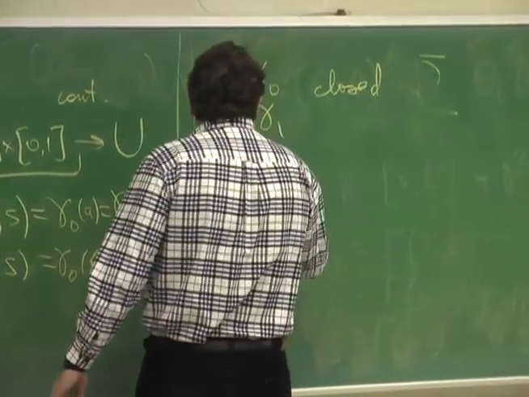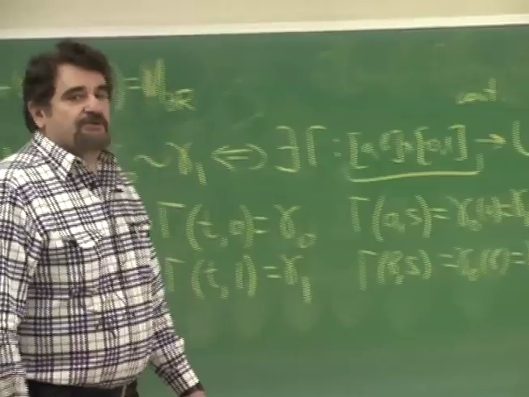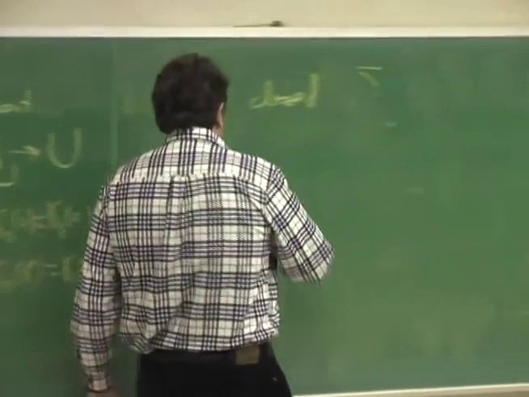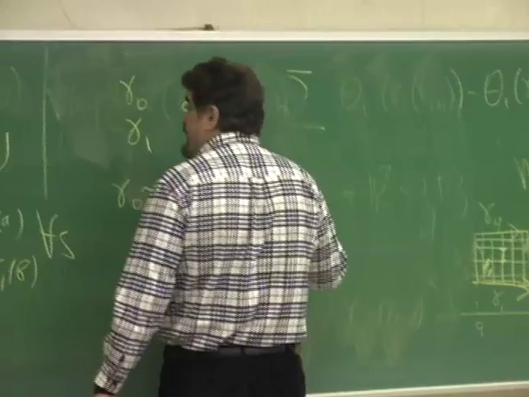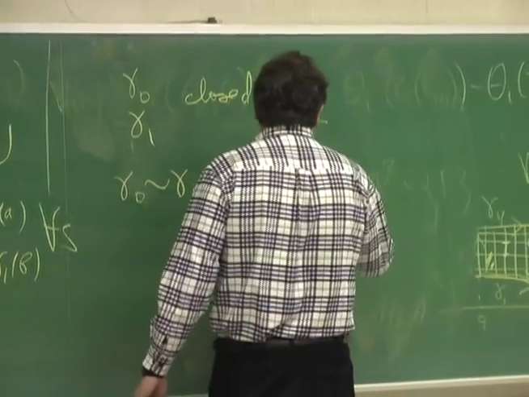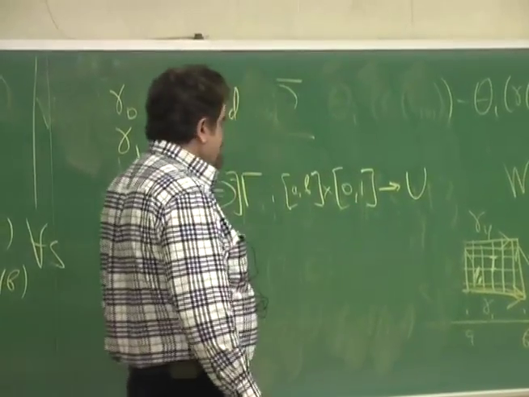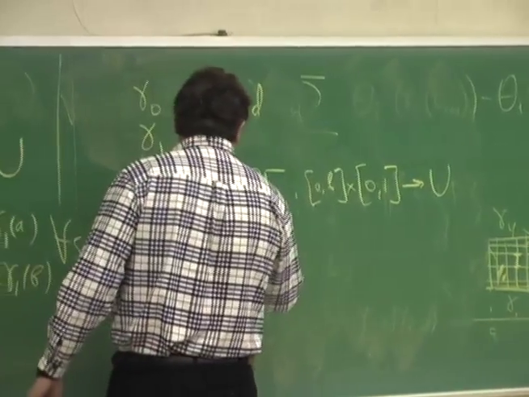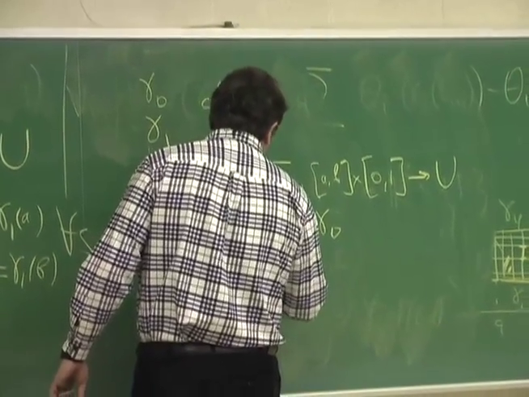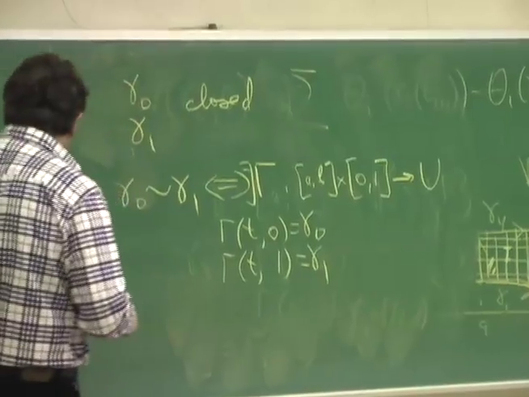I say that gamma 0 is homotopically equivalent to gamma 1, as closed curves, if there exists gamma from [A, B] times [0, 1] to U such that gamma of (t, 0) is gamma 0 and gamma of (t, 1) is gamma 1, so the same as before.